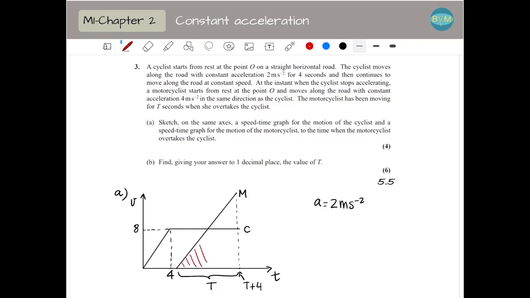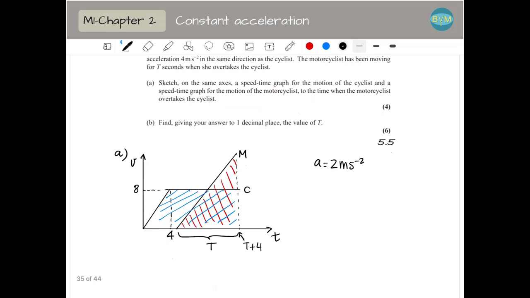They start from the same point, just one after the other. So the blue one is the cyclist, the red is the motorcyclist. The distance is the same, so the areas must be the same, and we are going to play with that.